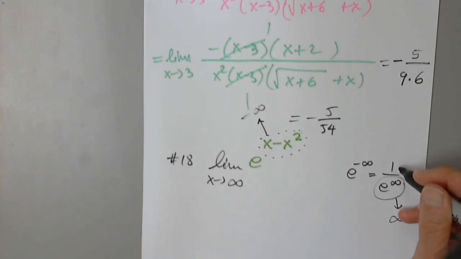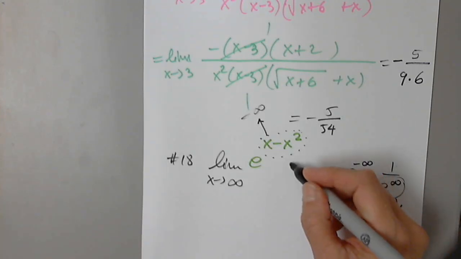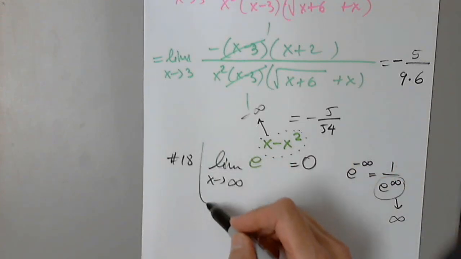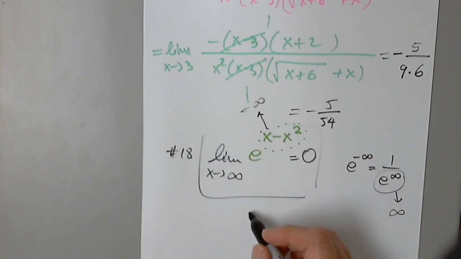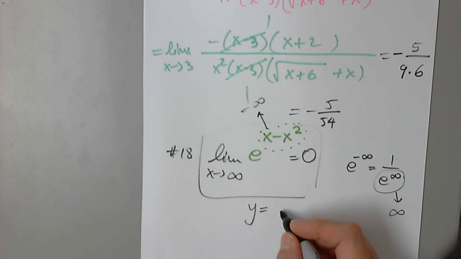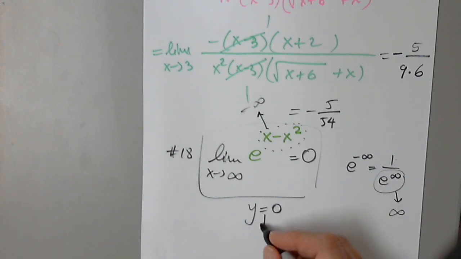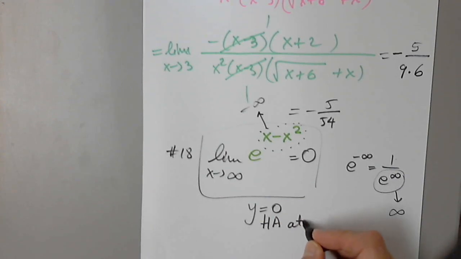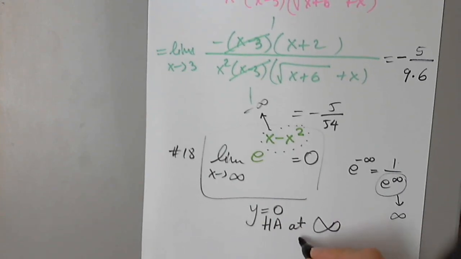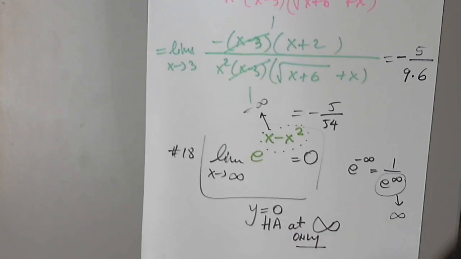And now we know where does 1 over infinity go? Indeed. Which means y equals 0 is what? At negative infinity only. I have no idea what happens at the other end. I can't conclude.